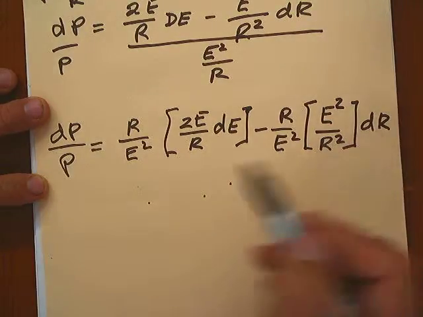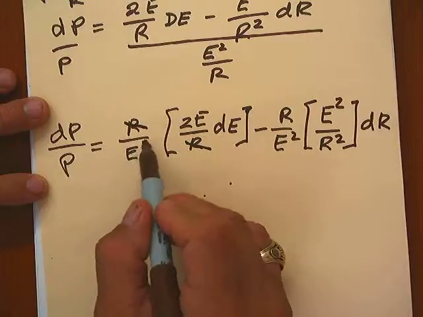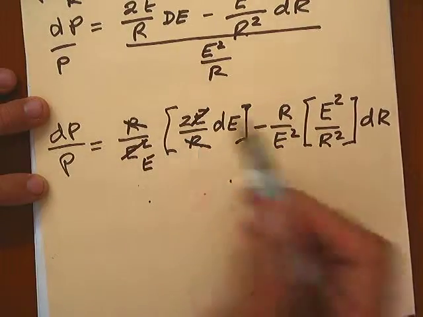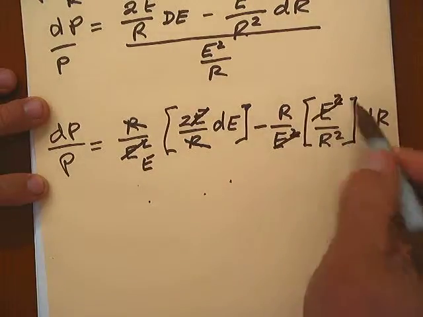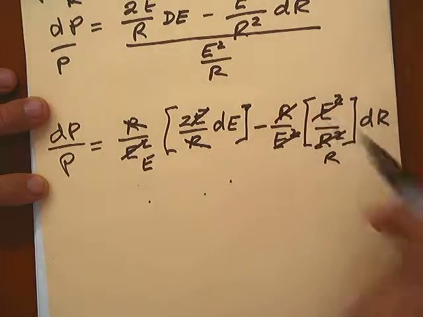And when you do the algebra, you're going to cancel these out. That's going to cancel here and there. And these are going to cancel. This one's going to cancel. That one's going to cancel.